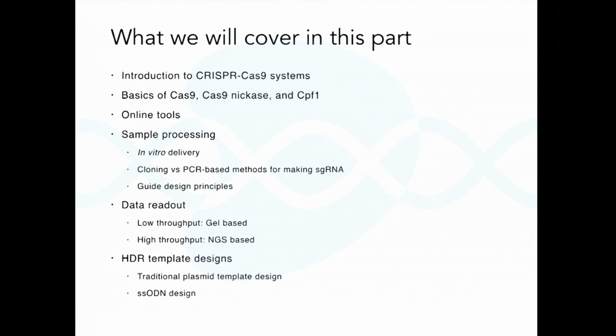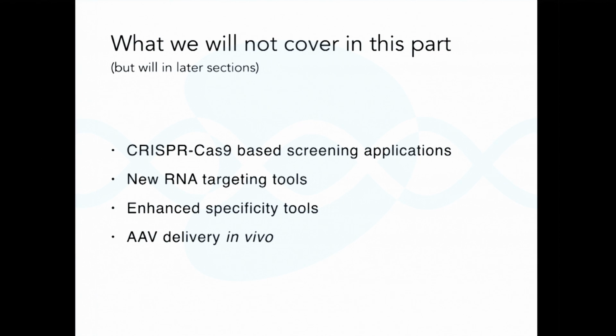This is basic information and should be especially helpful if you're new to CRISPR or just getting started with it in your lab. I'd also like to point out that we will not be discussing certain things in this module. So we won't be discussing CRISPR-Cas9-based screening applications, RNA targeting tools, enhanced specificity tools, and AAV delivery in vivo. We will be covering these, but just in a later module, so stay tuned.